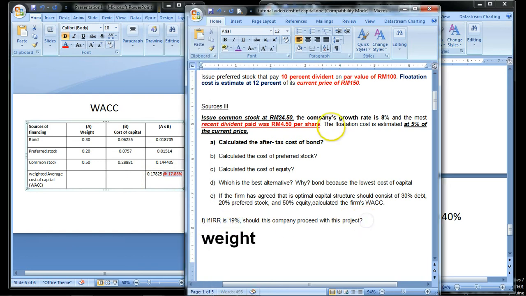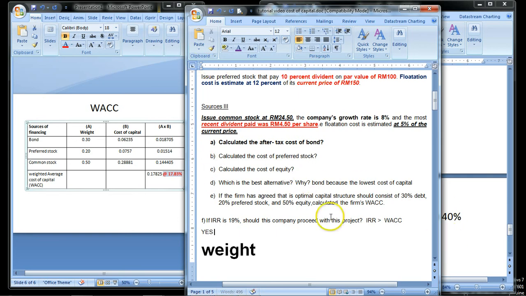Means that your IRR is higher than WACC. So should this company proceed? Yes. The answer is yes.